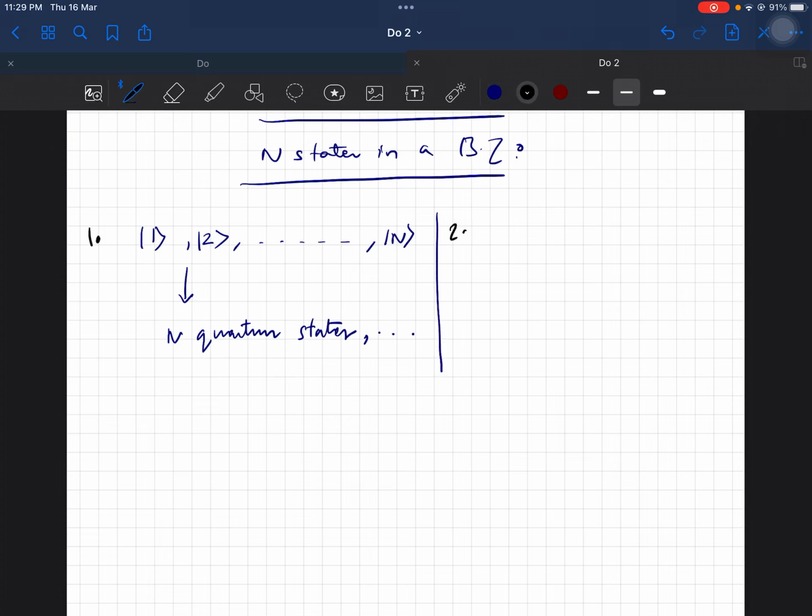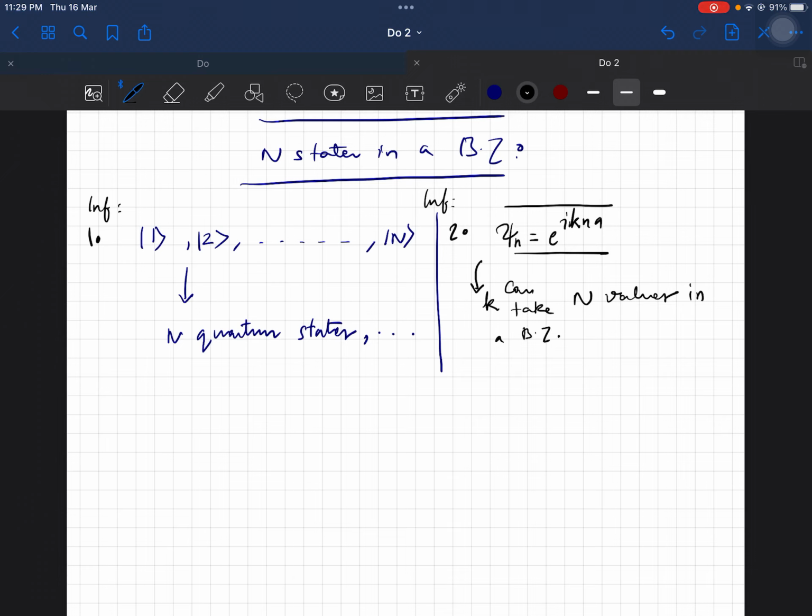And the second inference is that this implied k has n values. k can take n values in a Brillouin zone.